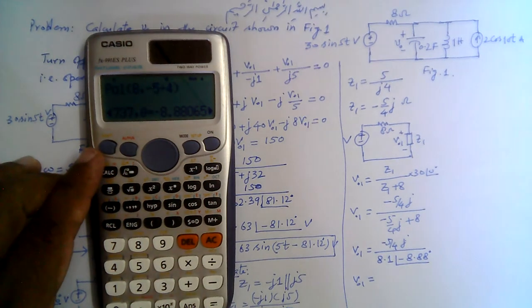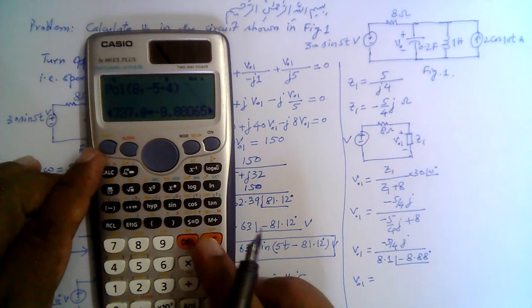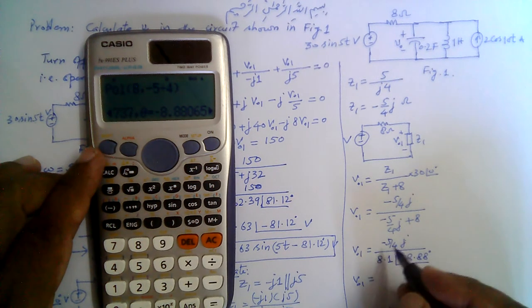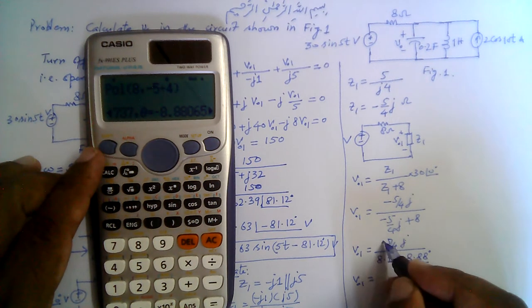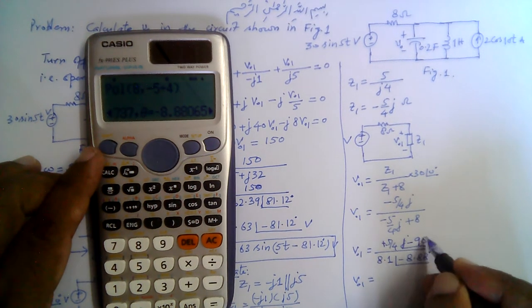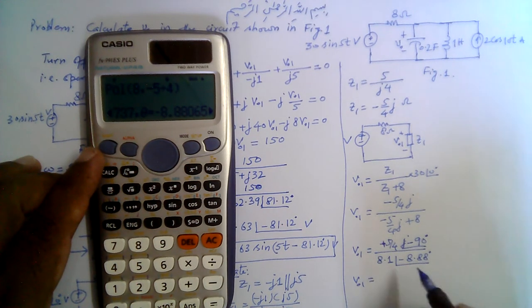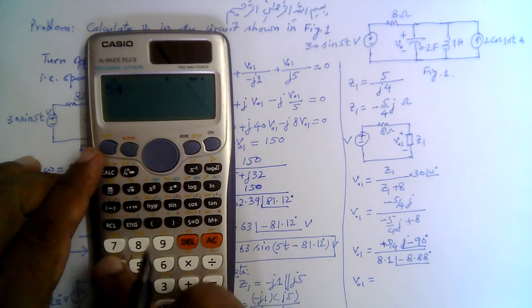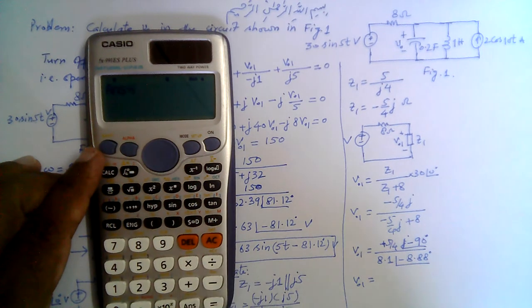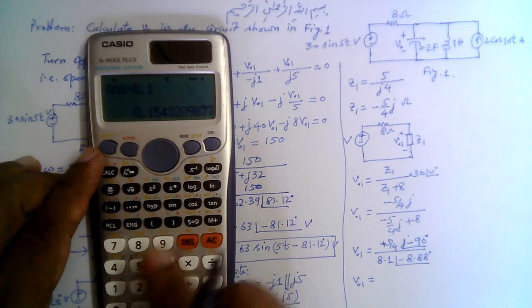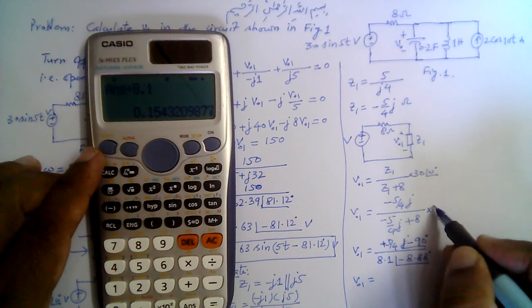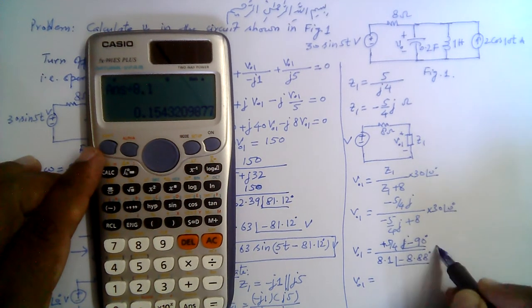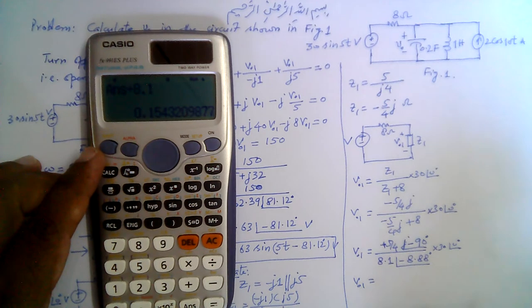So V01 is equal to, this minus 5 over 4 j can be written as 5 over 4 angle minus 90 degrees, right? So 5 divided by 4 and that divided by 8.1. And sorry, we also need to multiply by 30 angle 0 degrees here, and multiplied by 30.